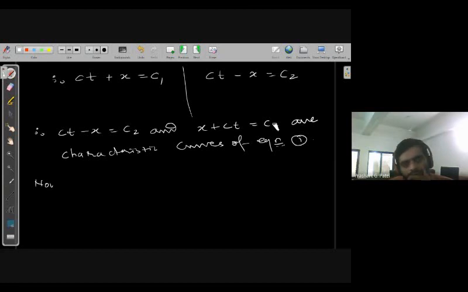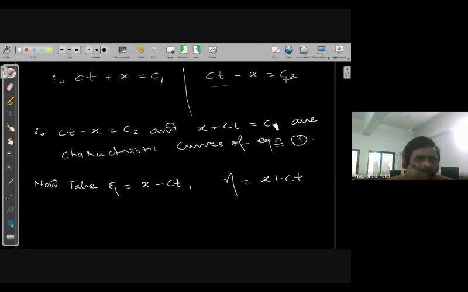Now consider xi equal to x minus ct and eta is equal to x plus ct. These are the two variables we have. This c2 I can consider as minus c2, no problem with the constant by adjusting this minus sign. So we'll consider xi and eta as this.